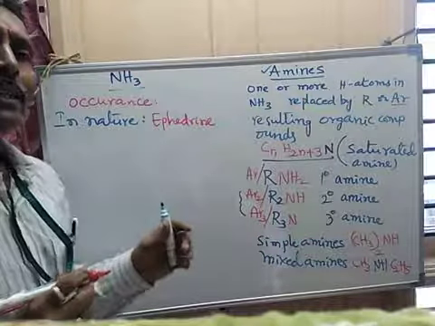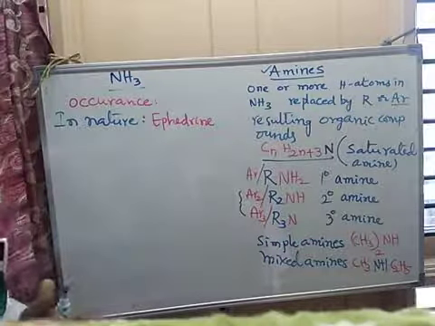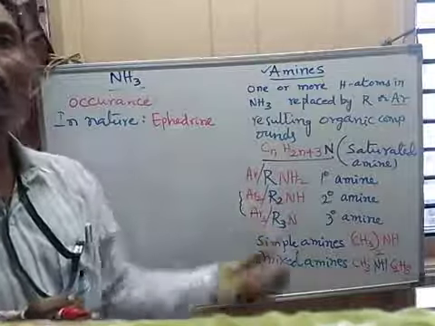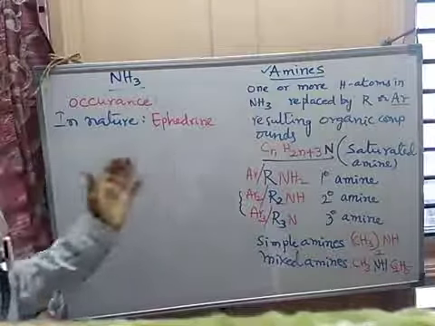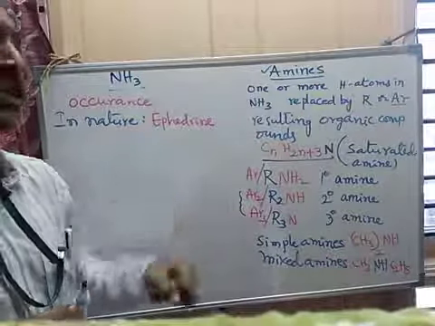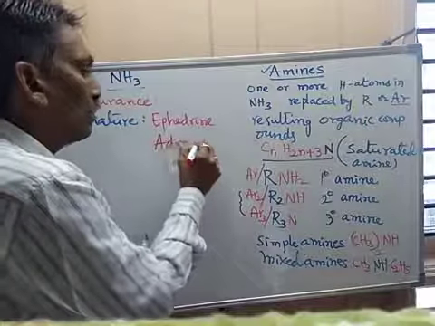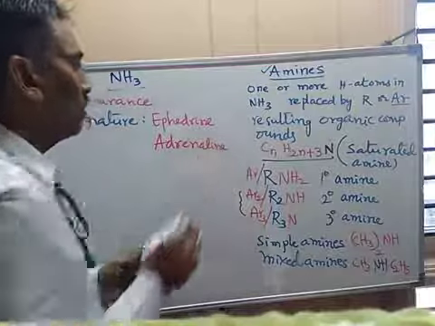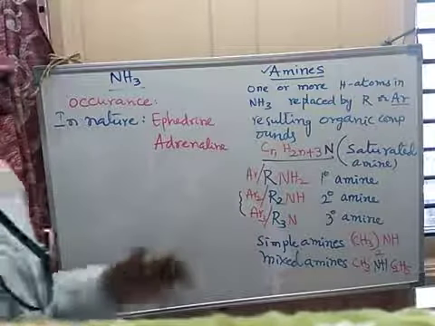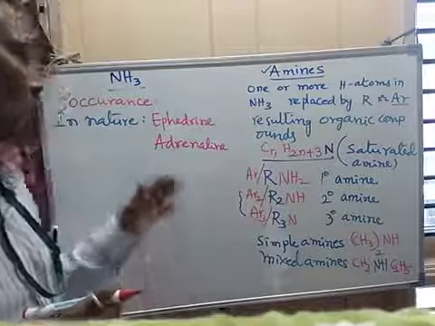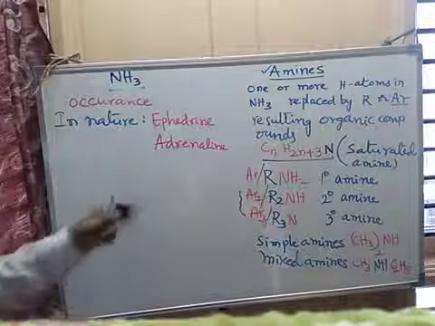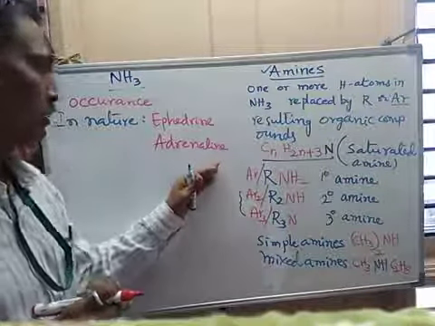Then in human beings and some other animals, during fighting or quarreling with some other animals, the hormone secreted in our body is adrenaline. Biology students are very familiar with these hormones, adrenaline, noradrenaline, like that. This is one of the hormones secreted in animals.